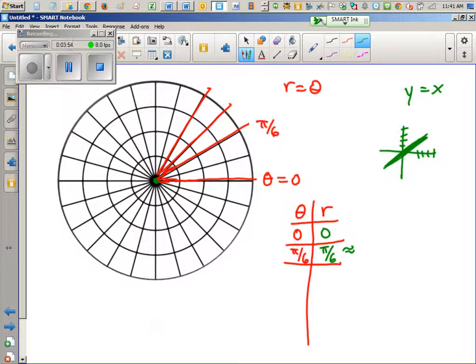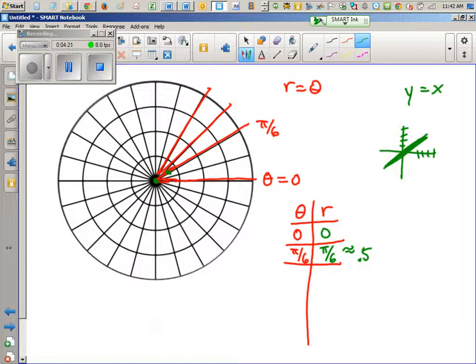Well, it's 3.14 divided by 6, roughly, about a half. In other words, when we reach the ray pi over 6, we are about halfway into the first ring.